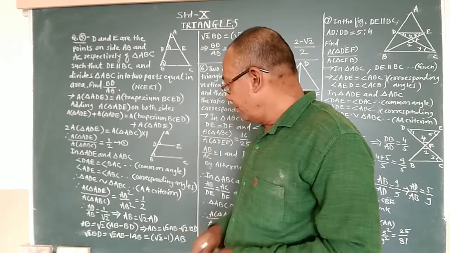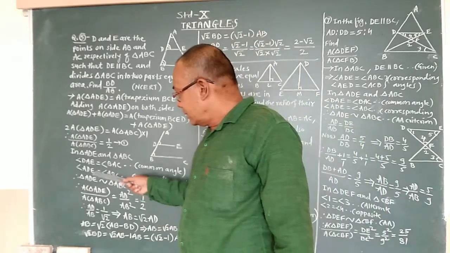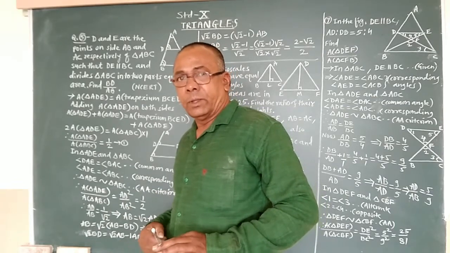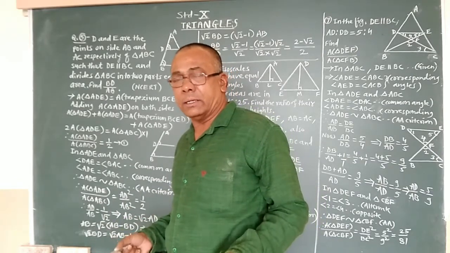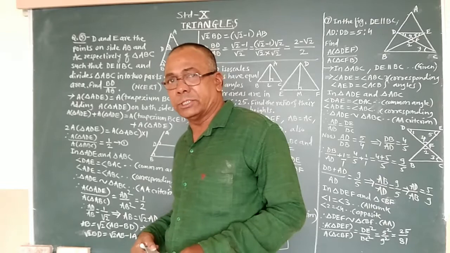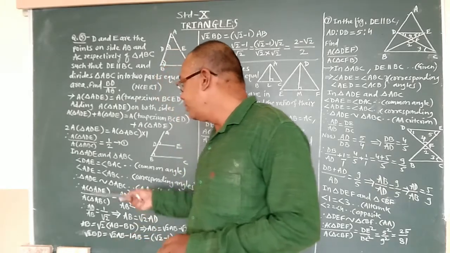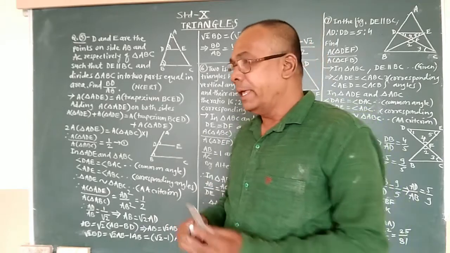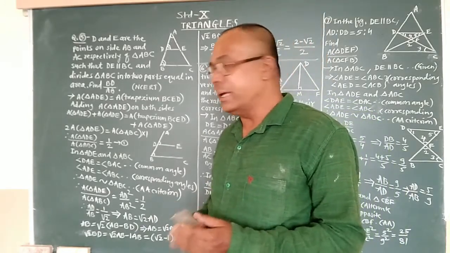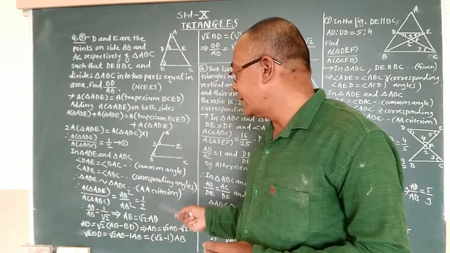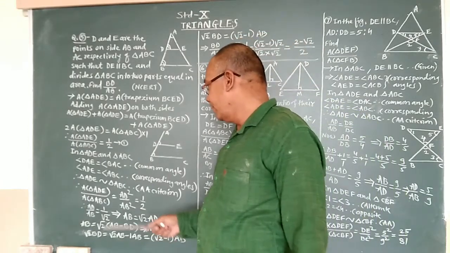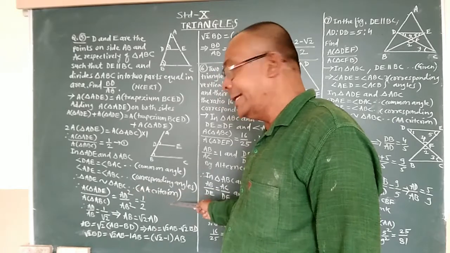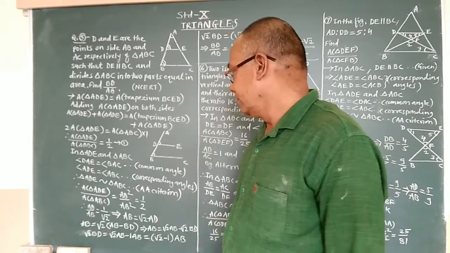And therefore, we know that if two angles of one triangle are equal to the corresponding two angles of another triangle, then both the triangles are similar according to the AA criteria of similarity, and therefore triangle ADE is similar to triangle ABC by AA criteria.